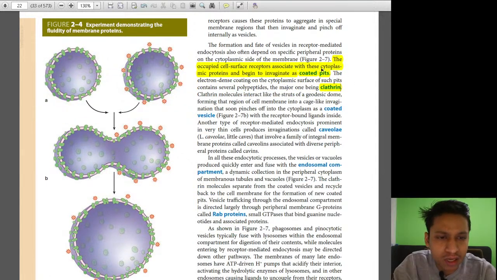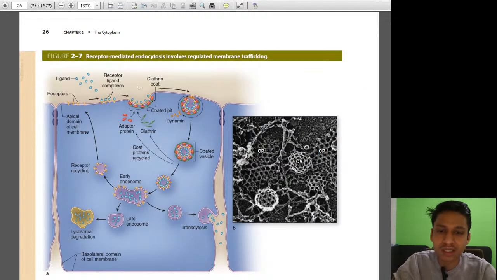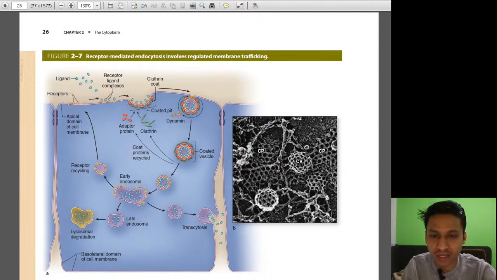There should be a figure 2.7 that explains this in a better way. We need to go check figure 2.7. Yes, this is receptor mediated endocytosis, which involves regulated membrane trafficking. So we have a clathrin coat here, guys.